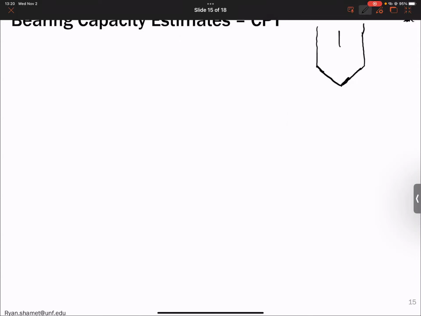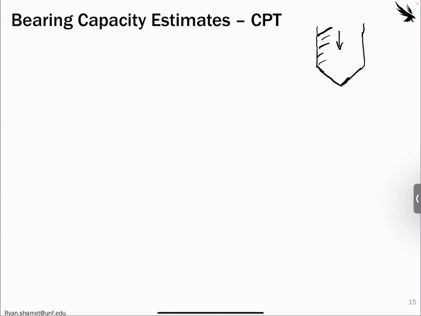Okay, so this is the cone that's being pushed into the soil. What we actually have with a failure mechanism of this is very similar to shearing. So we have this pushing the soil out this way, and we have little shearing planes that go out both ways.